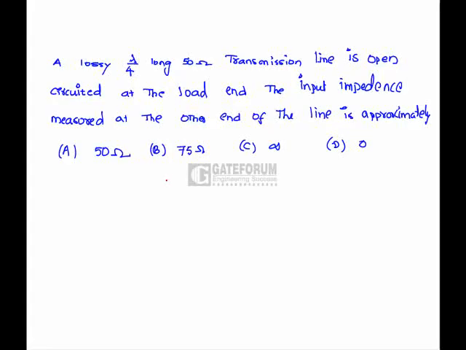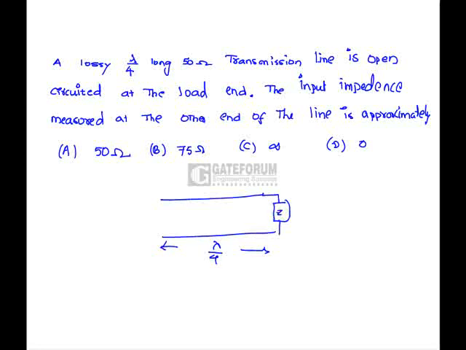Now see, a lambda by 4 long 50 ohm transmission line is open circuited at the load end. The input impedance measured at the other end of the line is approximately? Here we know that suppose this is lambda by 4 length, terminated with a load impedance ZL, with a characteristic impedance Z0.